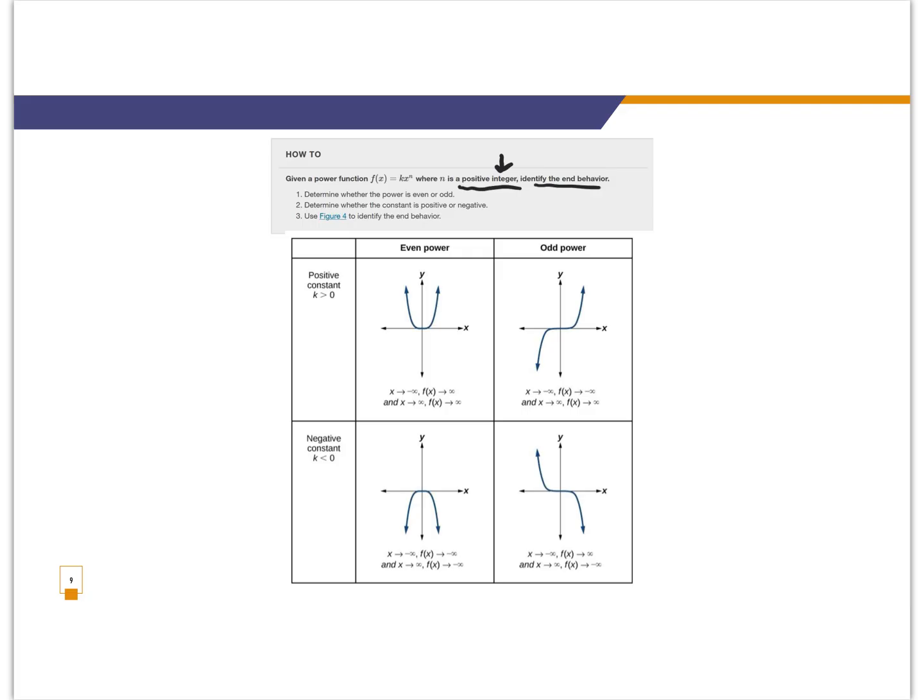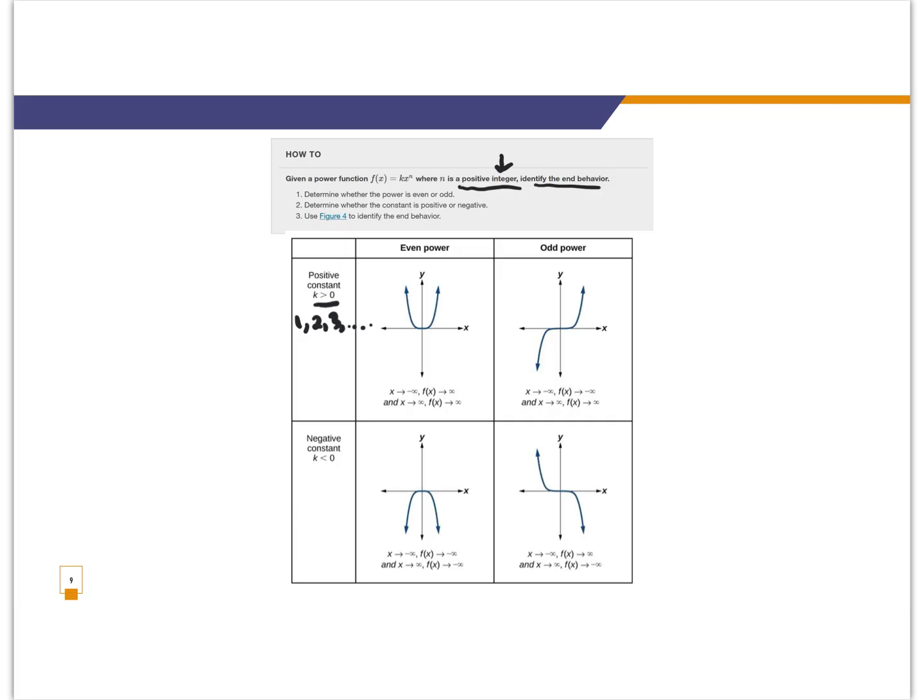So let's look at the first example. It says power positive, constant k is greater than 0. That means the number in front has to be 1 or bigger. A 1, a 2, a 3. It has to be an integer, remember? Actually, we could use fractions.